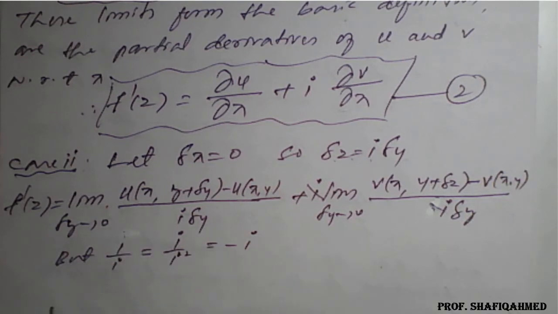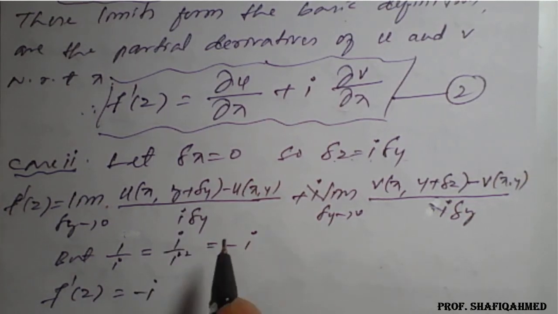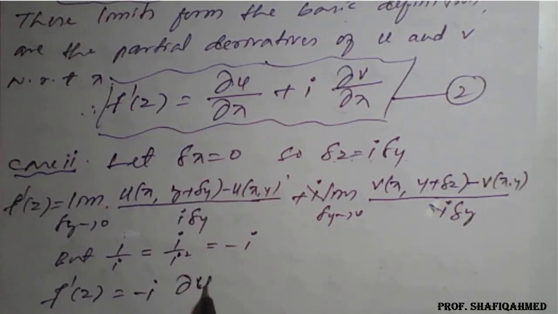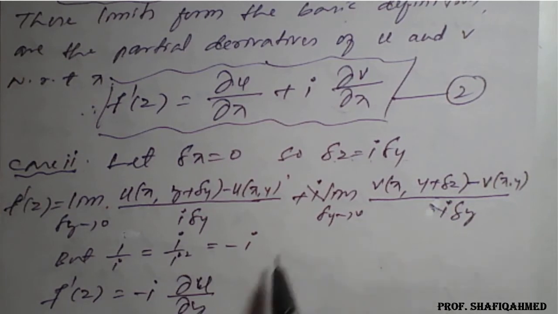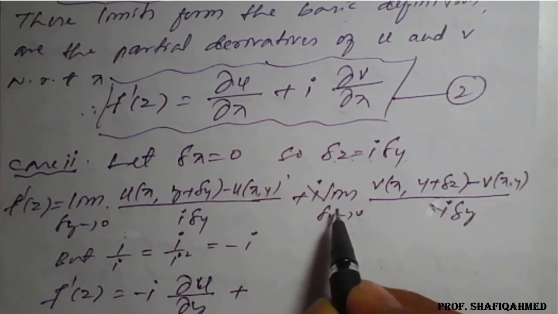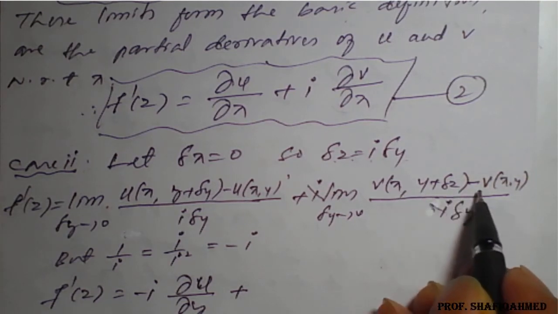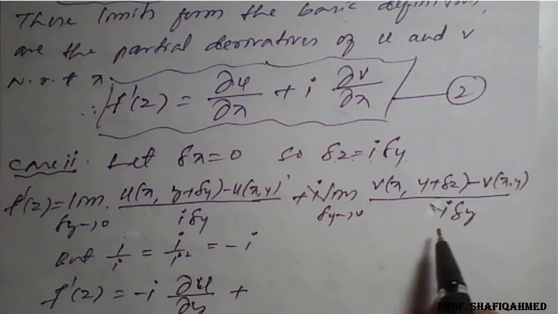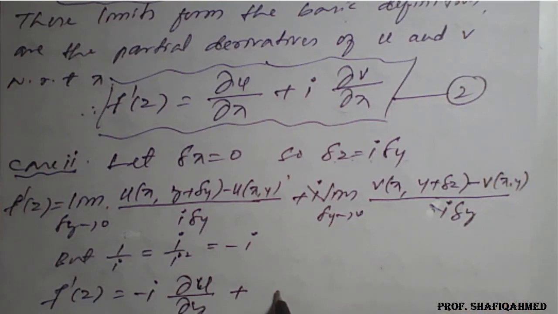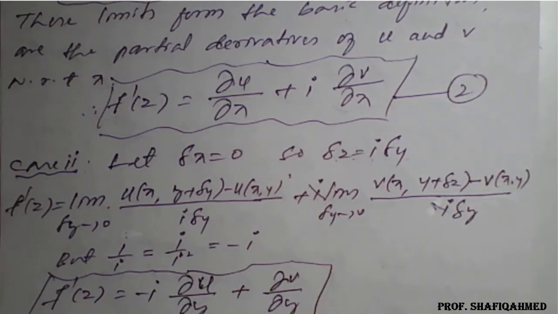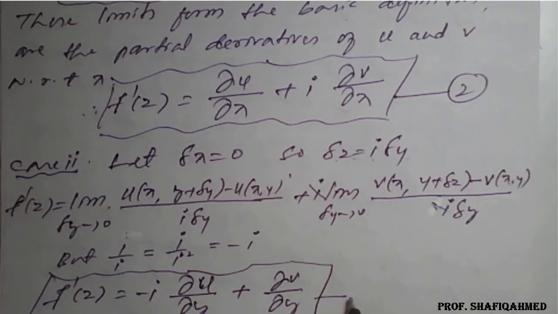So the above expression will become f dash of z is equal to minus i times dou u upon dou y, plus, here i cancels, limit of v of x comma y plus delta y minus v of x comma y divided by delta y, as delta y tends to 0, will become dou v upon dou y. So this expression we will call equation number 3.